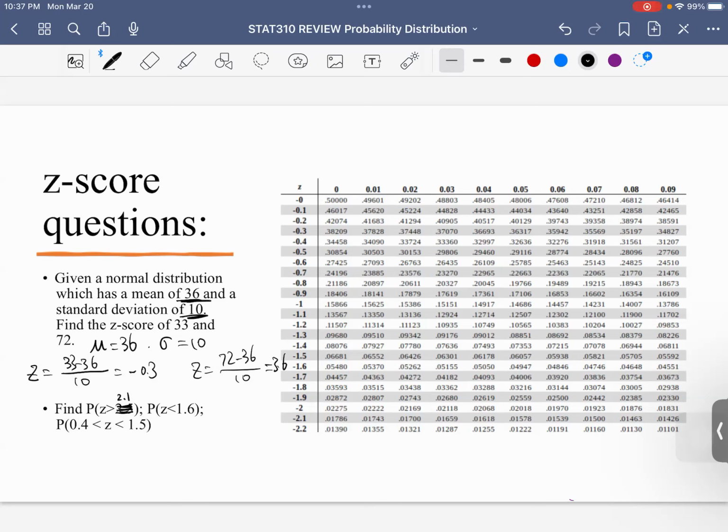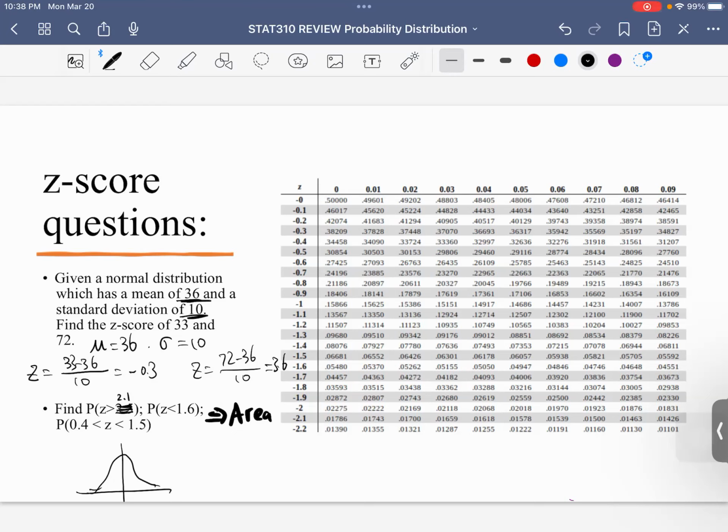So the other thing is to find the p-value, find the probability, so actually find the area. It's always a good idea to draw this picture out in your draft paper. When you talk about z-score, it's always on the standard normal distribution, and that's the reason why we need to transform them to standard form.